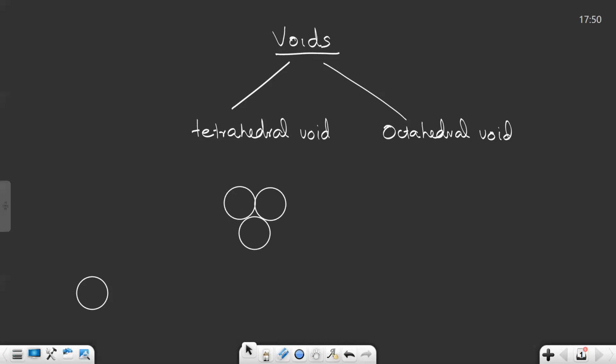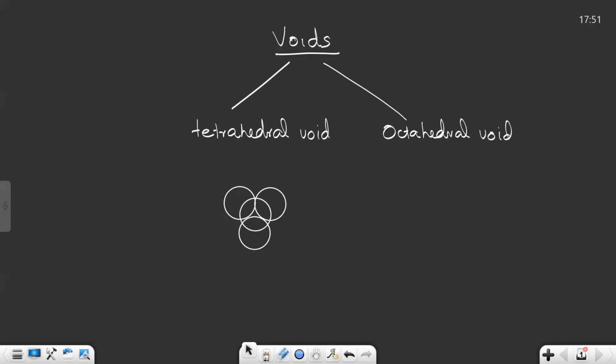Now, if I place another atom over this void formed between these three atoms, that empty space is getting covered. Now, the shape of that empty space formed by these four atoms will be a tetrahedron shape. That is why the empty space formed there is known as a tetrahedral void.